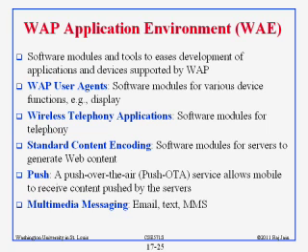Basically, they have all the things that you need. So user agents, software modules for devices and displays, wireless telephony applications for telephony, and content encoding for web content, push to send the messages over the air, and SMS, etc. So for all of the functions that you might do on a mobile device, there is a library.